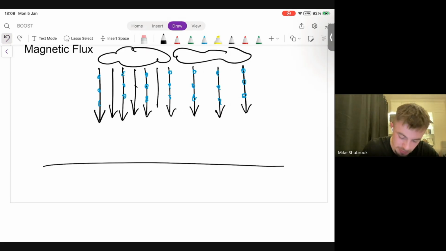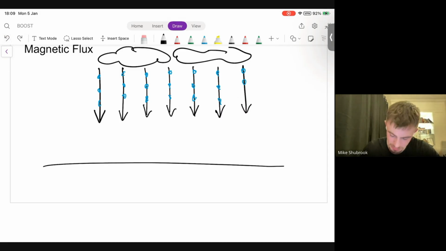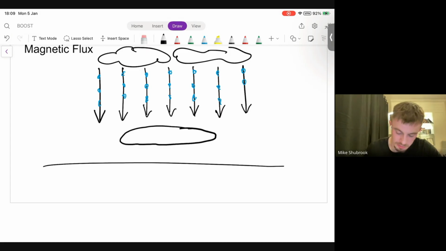So think about what that might mean for a magnetic field, because that is going to be the analogy here. And now I'm going to imagine, this is like a silly experiment that you would never actually do, but hopefully it's just going to give you all an idea of what flux is. So imagine that you've got some sort of hula hoop. I think that's what they're called. That I'm going to try and spin around my waist like this.